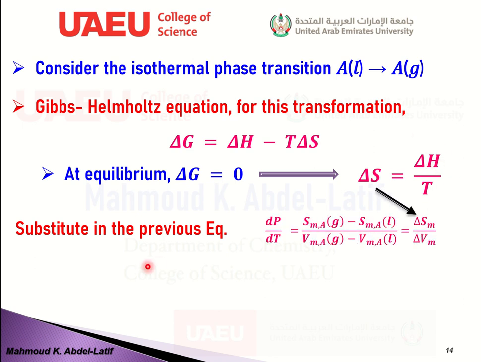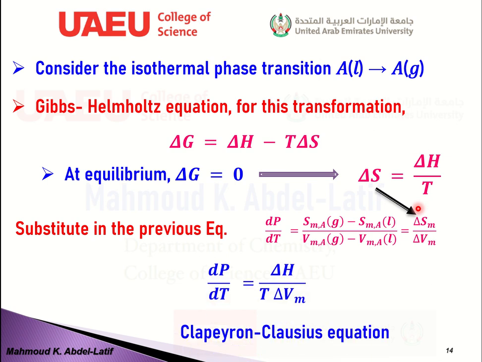Just substitute delta Sm into the equation we got before, dP by dT equals the change of molar entropy divided by the change of molar volume, and you end up with dP by dT equals delta H divided by T delta Vm. This equation is very, very important, and it is called the Clapeyron-Clausius equation. We are going to use it today for determination of the heat of vaporization.